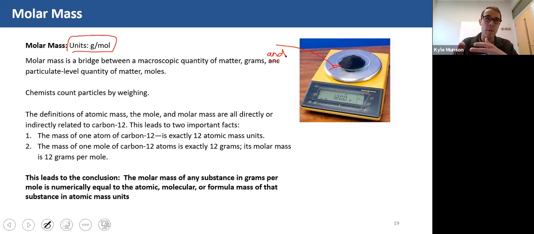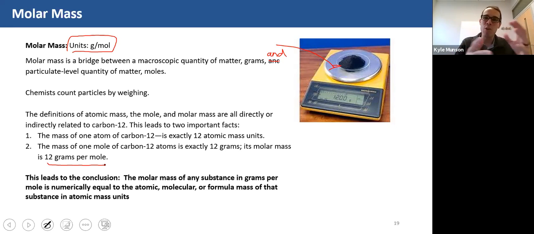And the mass of 1 mole of carbon-12 is exactly 12 grams. So its molar mass then is 12 grams per mole. So this leads us to a conclusion that's really helpful for us. The molar mass of a substance in grams per mole is numerically equal to the atomic, molecular, or formula mass of that substance in atomic mass units.